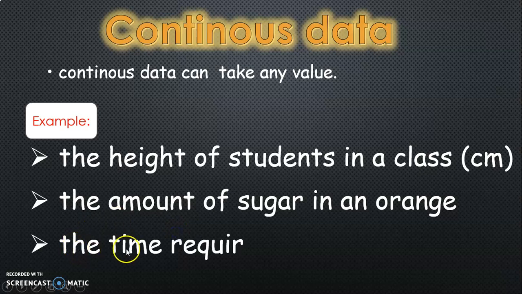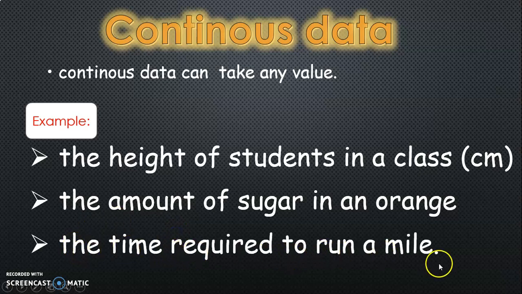The next one is the time required to run a mile. As you see, we cannot say exactly 30 minutes to reach a mile. If we are talking about the time to reach a mile, we need to count the time. So there is no exact time.